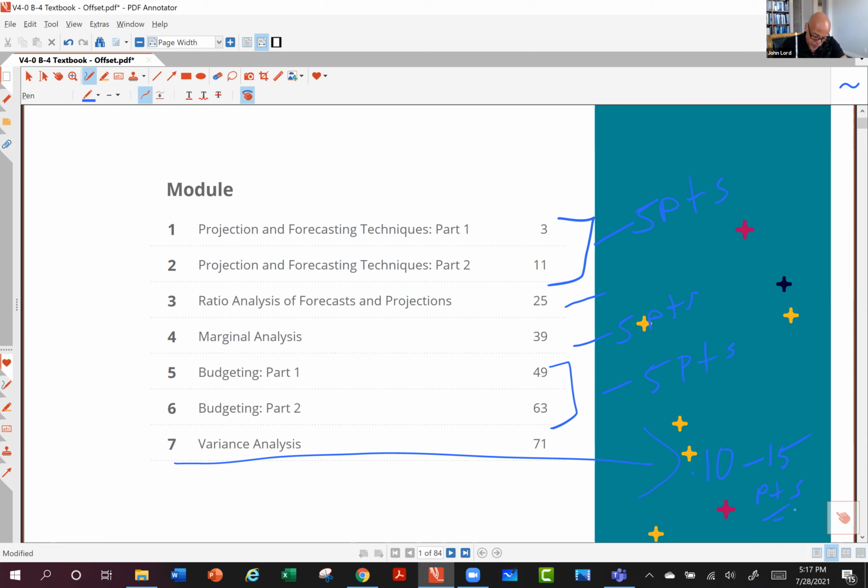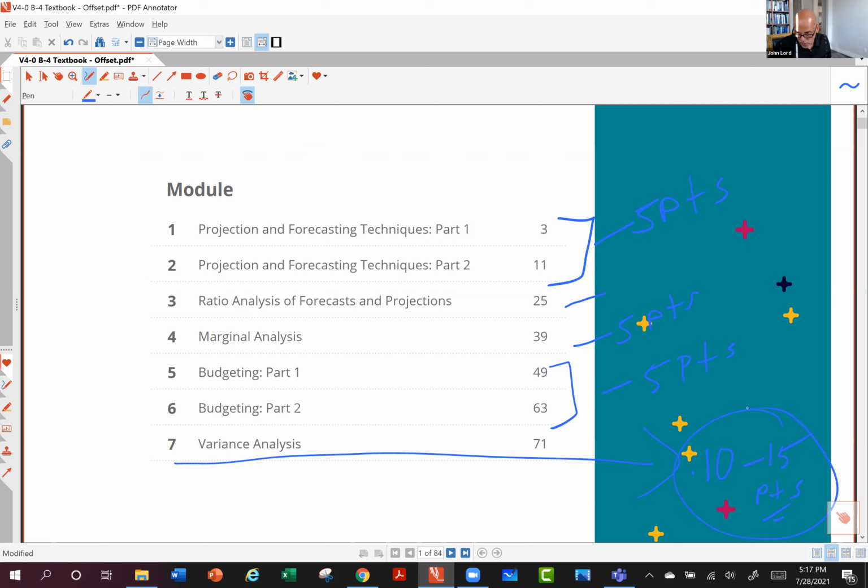Now, and we're going to do this next time, I have a way of showing you how to get through these variance analysis questions that really takes it to the point where these should be a relatively easy 10 to 15 points for you. Okay, so make sure that you're looking at that lecture when we have it next time together, and that you're applying that when you go through your homework questions.